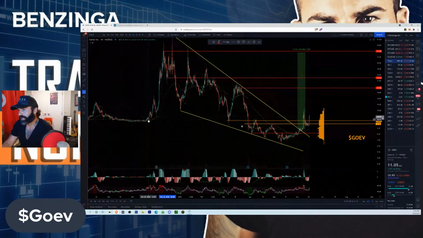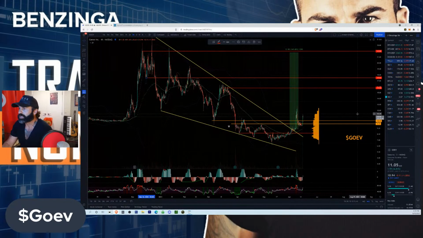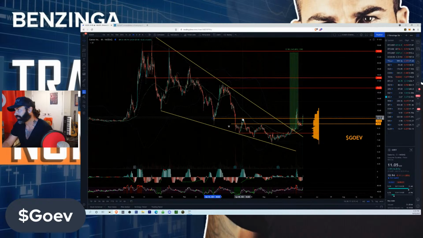If we look back here in the fall, as soon as we got that confirmation of support, we ran up to about 15 bucks, came back down, confirmation of support once again, and then again straight up to 1750. That's where I would be looking, as long as we do hold that 1029 area. Yeah, about 10 to 11 bucks.